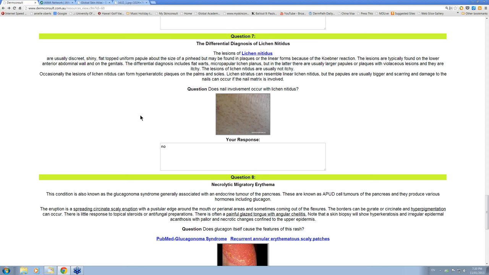No. All right, but remember, it's the hypopyon that's really the characteristic feature of subcorneal pustular dermatosis, and I'll get a little bit more detail and put it up here when I finish.